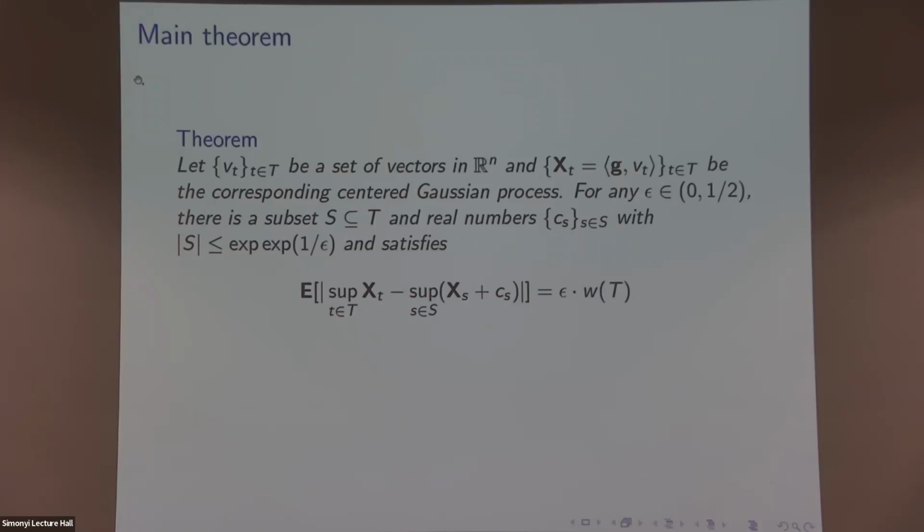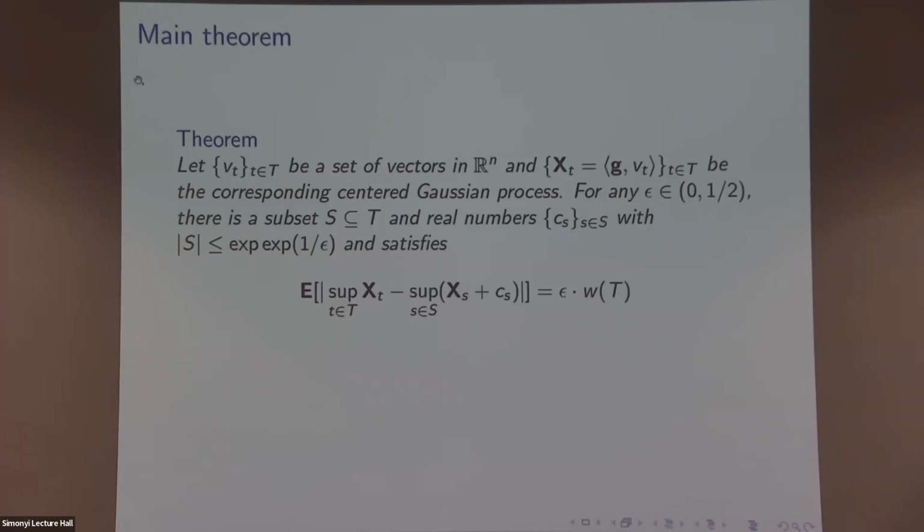Then there's a subset of these vectors and suitable real numbers c_s, where we only choose exponential in 1 over epsilon many vectors. So we're choosing a set of vectors whose cardinality is independent of the dimension we started with, such that the sup of the original Gaussian process is well approximated by this non-centered Gaussian process, which is low dimensional.